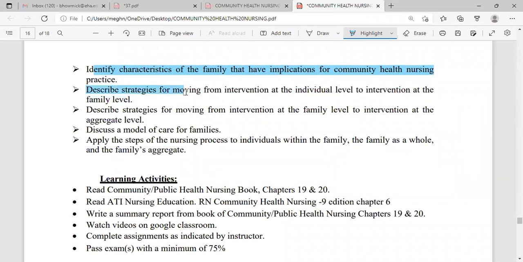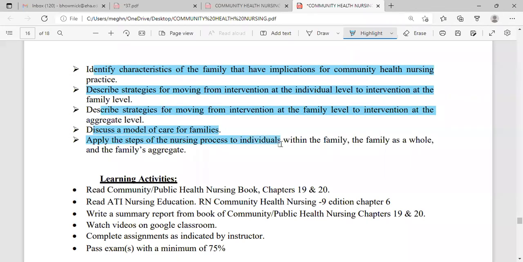Describe the strategies for moving from intervention at the individual level to intervention at the family level. Describe the strategies for moving from intervention at the family level to intervention at the aggregate level. Discuss the model of care for family. Apply the steps of the nursing process to the individual within the family, the family as a whole, or the family aggregate.